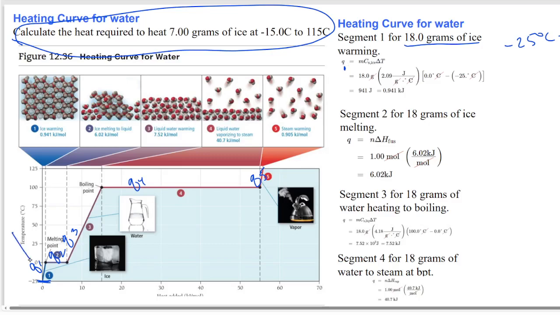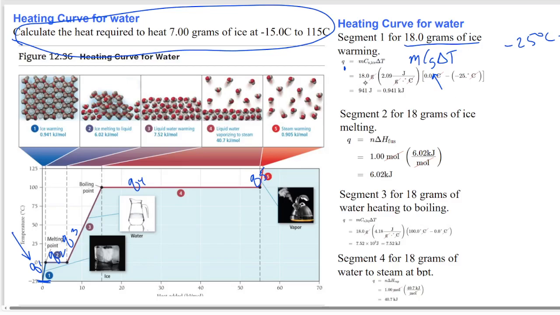Q1 is going to be governing the warming of the ice. So we have 18 grams of ice, and this region is governed by the m C sub s delta T equation, where C sub s is the C sub s for ice. Delta T is T final minus T initial.